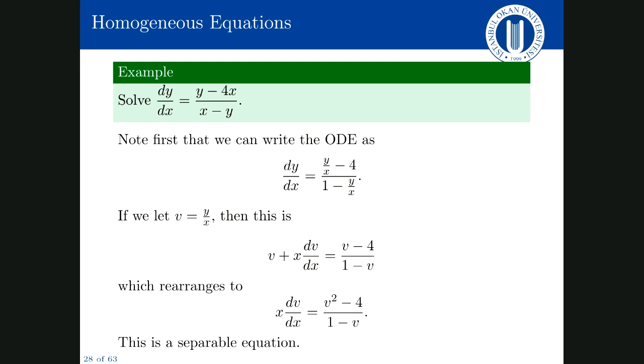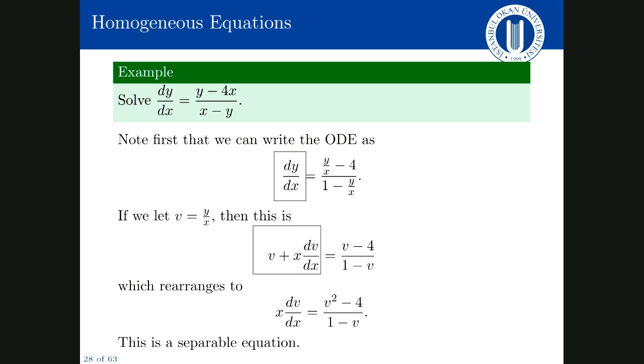So we can do our substitution. We can replace y divided by x by v. Instead of y over x minus 4, we get v minus 4. Instead of 1 minus y over x, we get 1 minus v. And using the calculation on the previous page, instead of dy/dx, we write v plus x dv/dx.